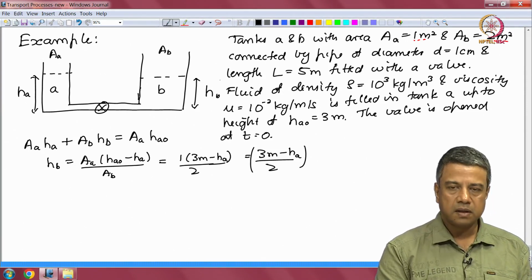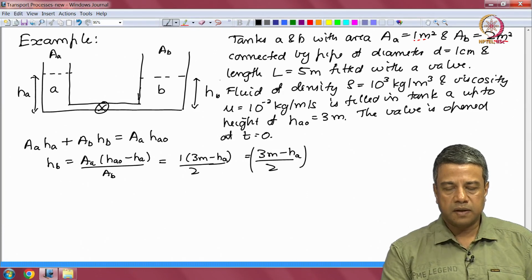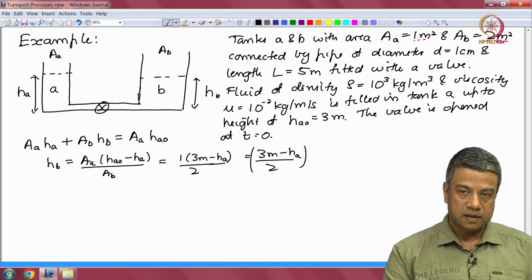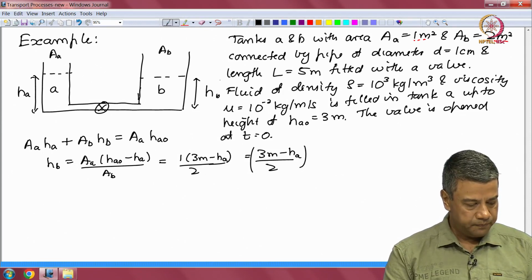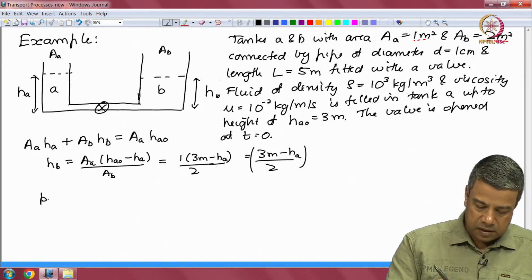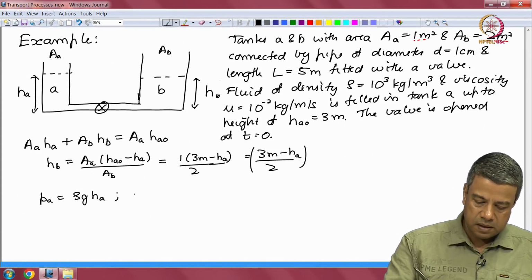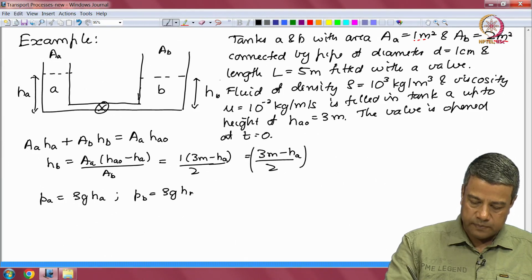So, this is the relation between the two heights. Now, in order to find out the flow rate, we have to relate the flow rate to the pressure difference between the two tanks. The pressure at the bottom of tank A, PA, is equal to rho g HA, and PB is equal to rho g HB.